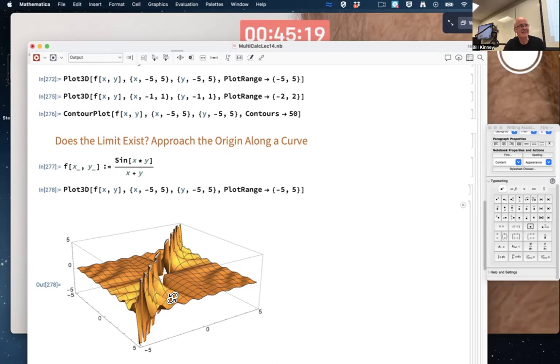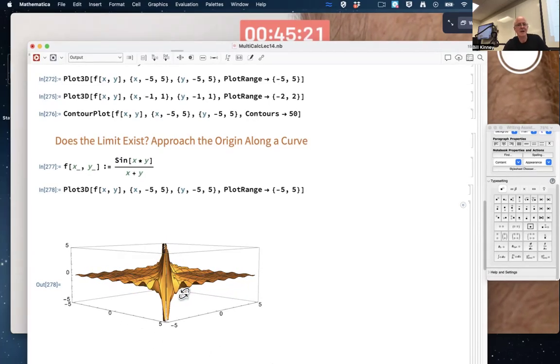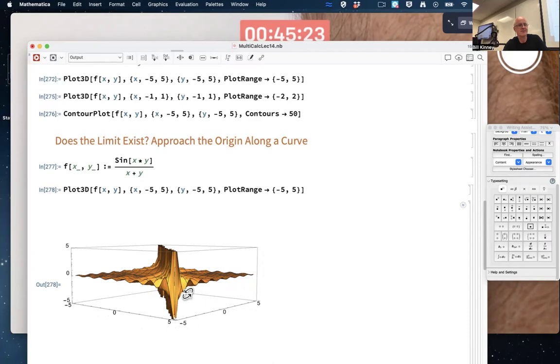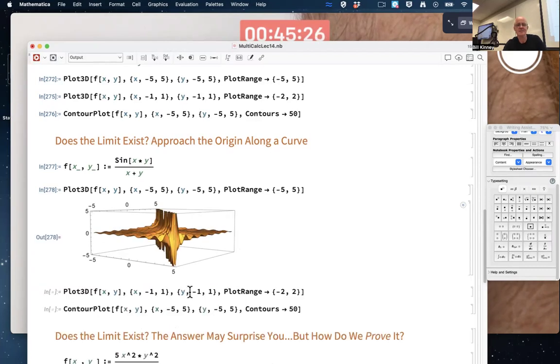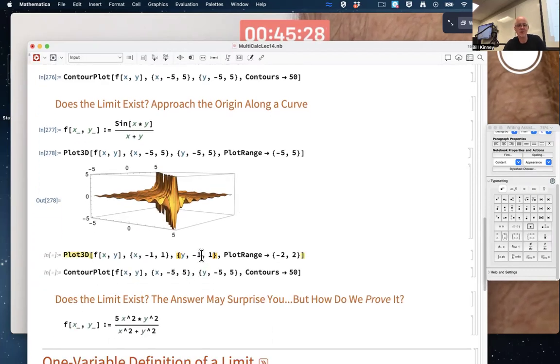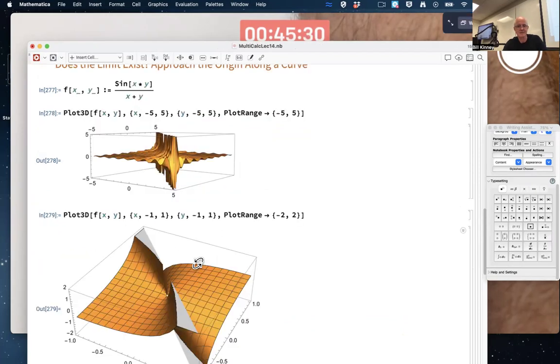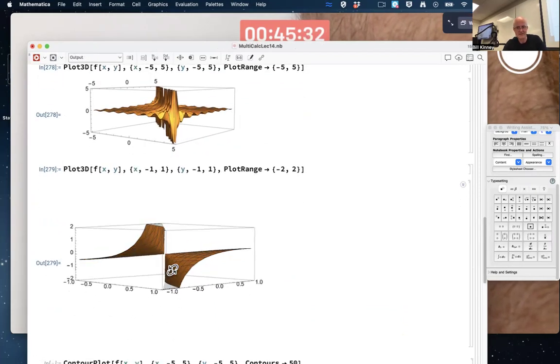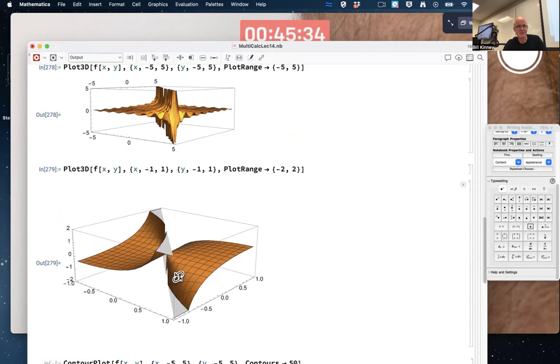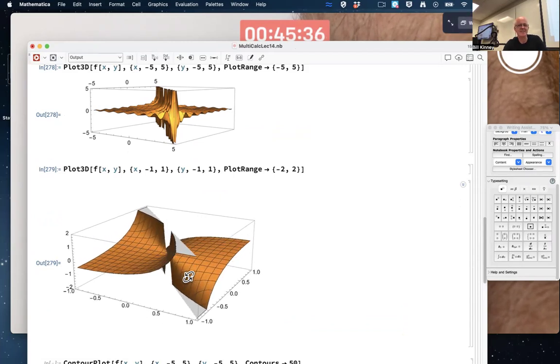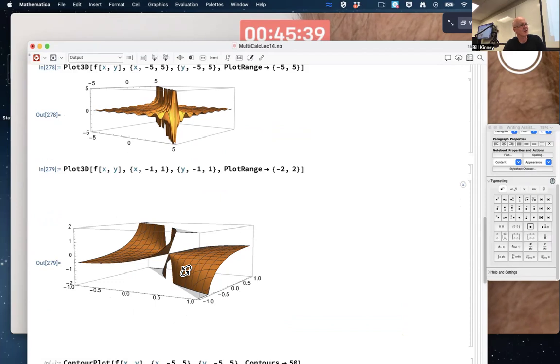Looks like I've got some sort of higher dimensional vertical asymptotes, perhaps. If we zoom in closer to the origin, we see less waviness, but we still see some sort of vertical asymptote, it seems like. Maybe not. It's hard to tell for sure.